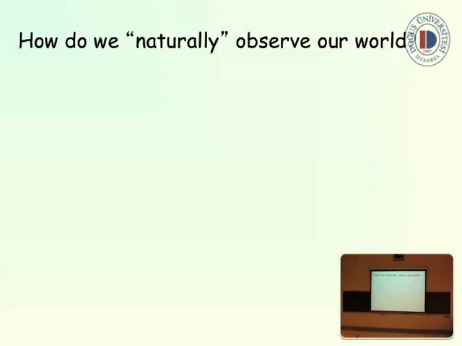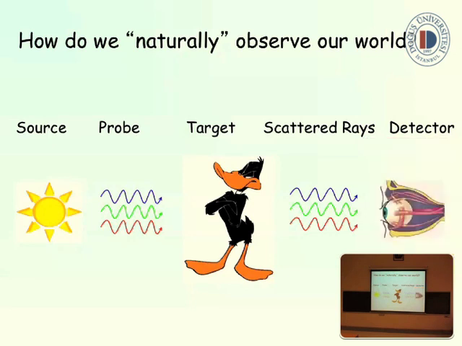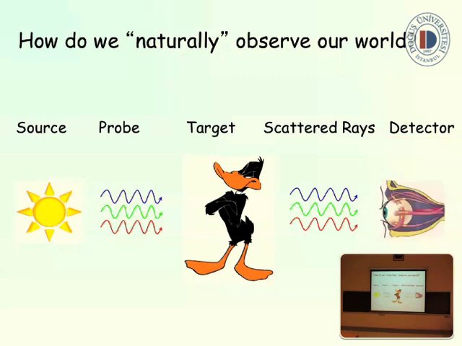So, how do we naturally observe our world? This is what happens, and this actually applies to everything. We always have a target, and we always have a source. And we have a detector. If you don't like this detector, we can try another detector. What else do we need? We need a probe, and we also have scattered rays.